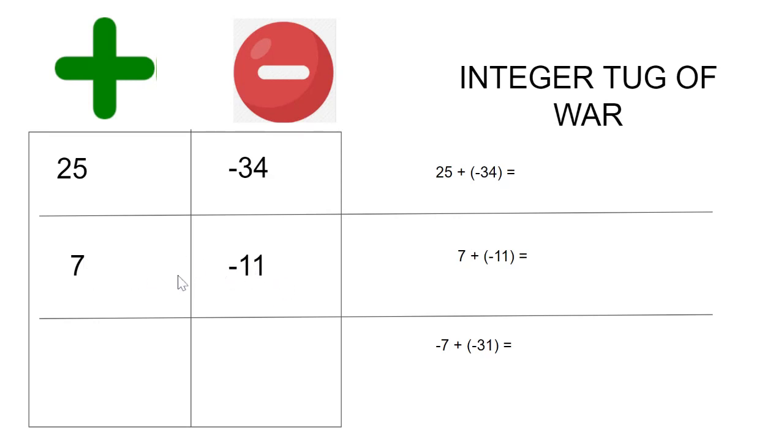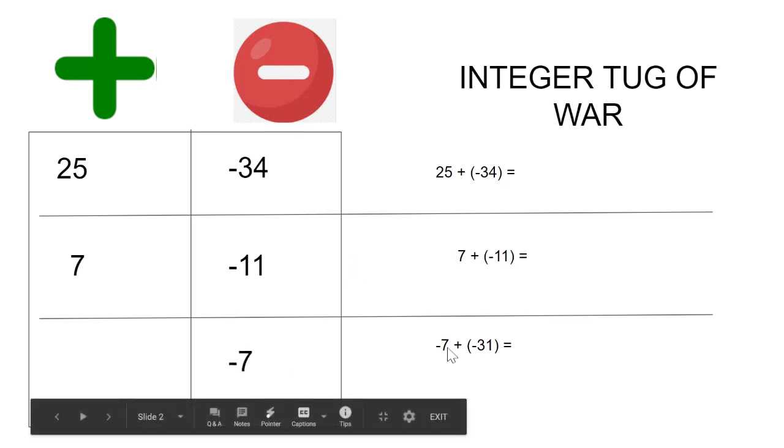Then we are going to take the sign of the number with the larger absolute value. The absolute value of 7 is 7. The absolute value of negative 11 is positive 11. So we are going to take the negative sign because that has the greater absolute value. So our answer for this problem is negative 4.